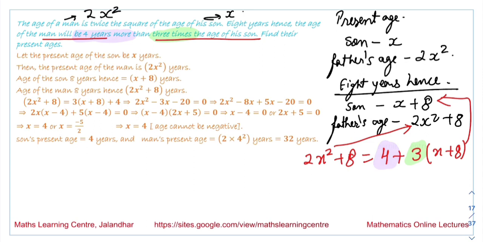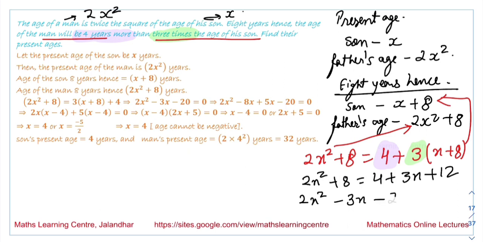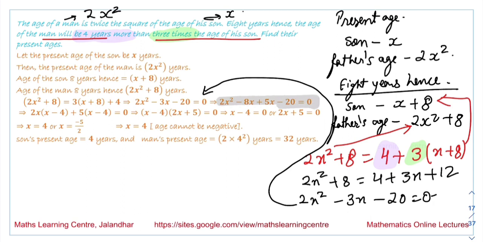So on solving these terms, we get 2x square plus 8 is equal to 4 plus 3x plus 12. On solving this, we get the quadratic equation 2x square minus 3x minus 20 is equal to 0. The calculations to show how to solve this are shown over here. You can try on your own.